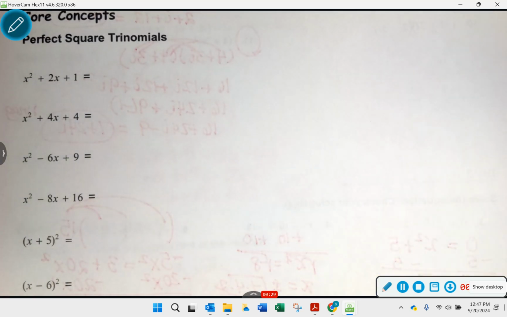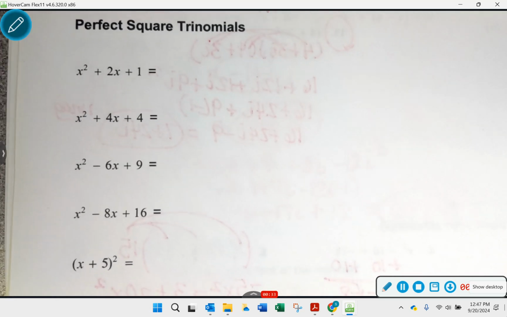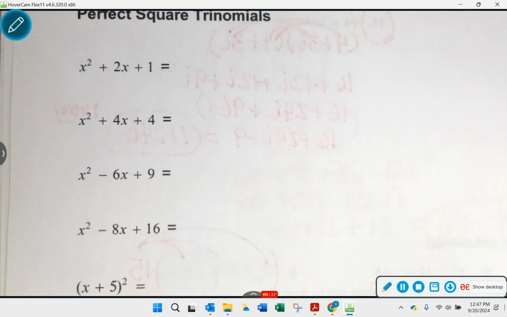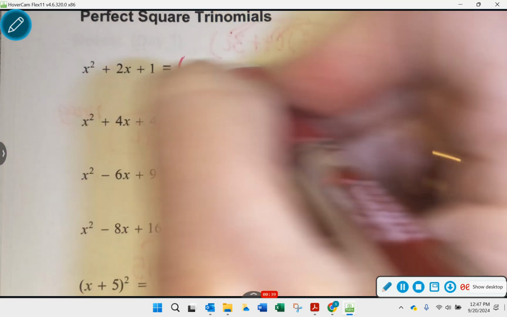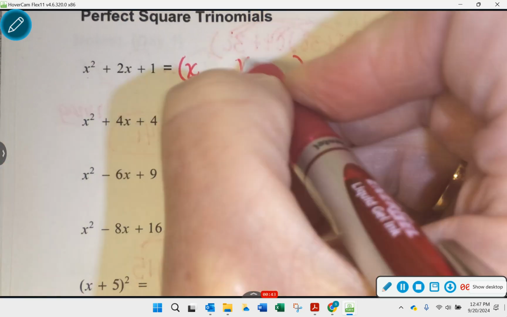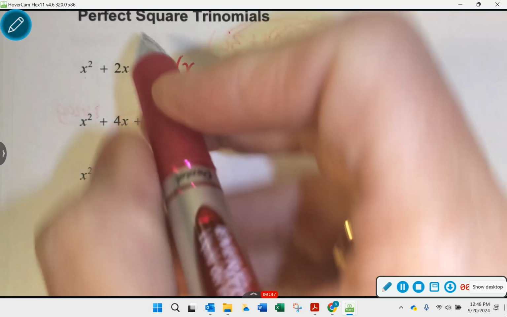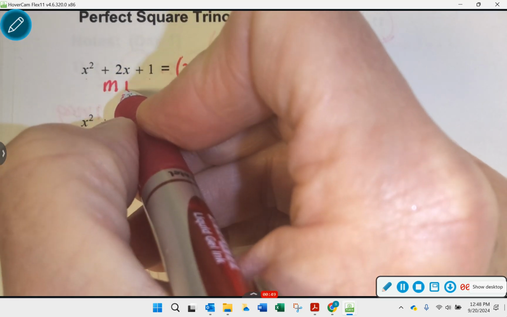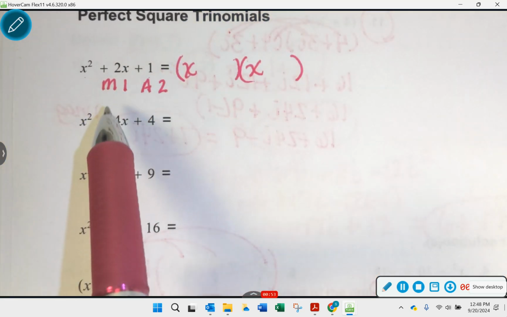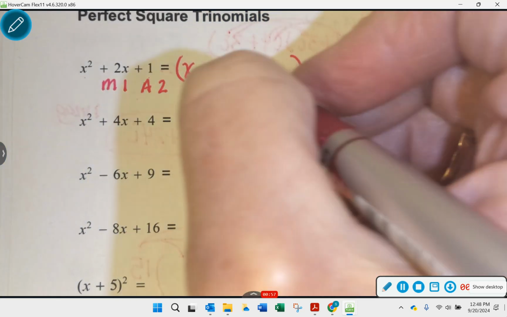So we're trying to factor x squared plus 2x plus 1. So here's the way we do it. We're going to set up our double parentheses, and we look here first. We know x times x is x squared. Now we look here. We need numbers that multiply to be 1 and add to be 2. What are those numbers? 1 and 1.